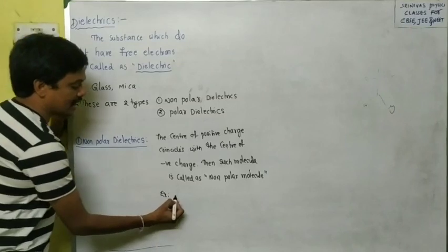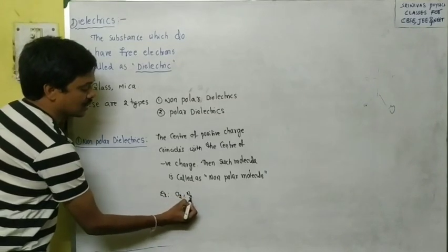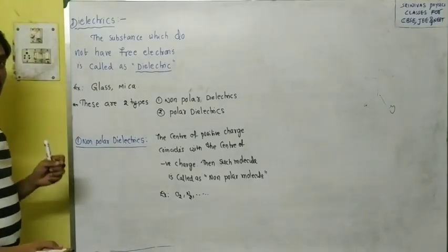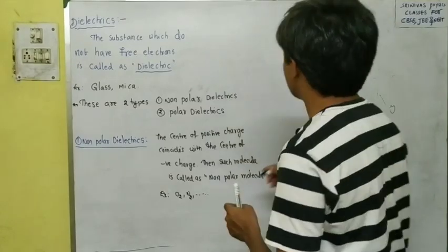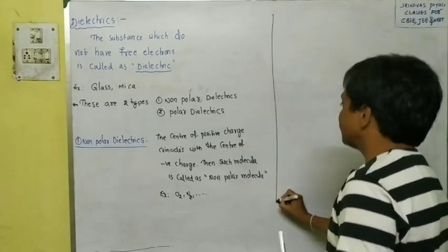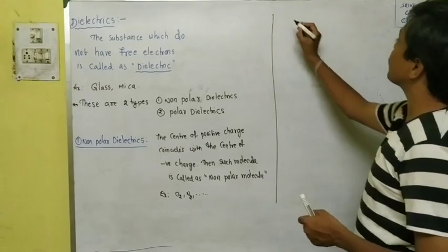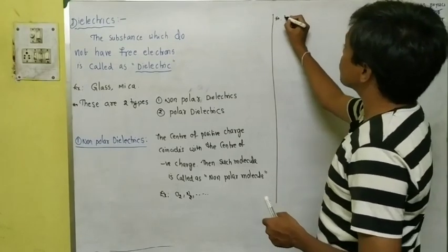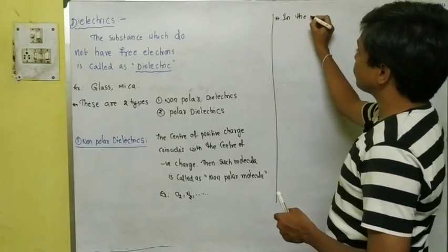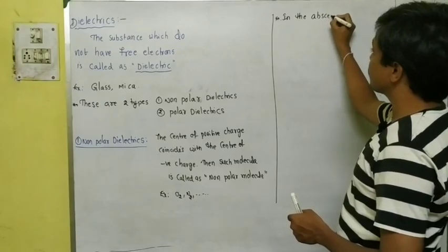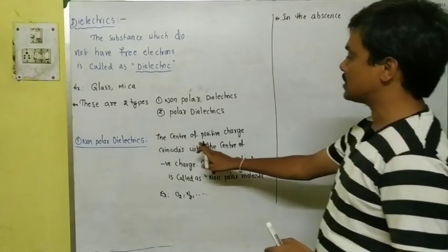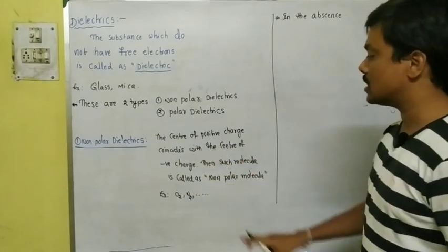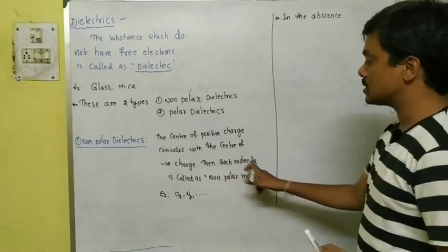Examples of non-polar dielectrics: oxygen, nitrogen. These are some other examples. In these, the center of positive charge and the center of negative charge coincide. This happens in the absence of an external electric field only.